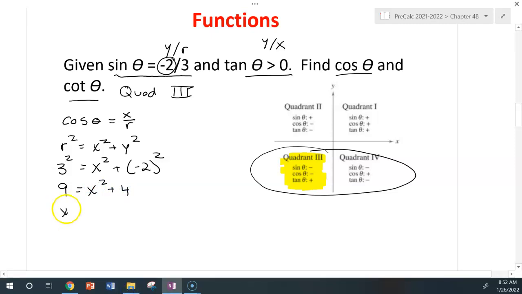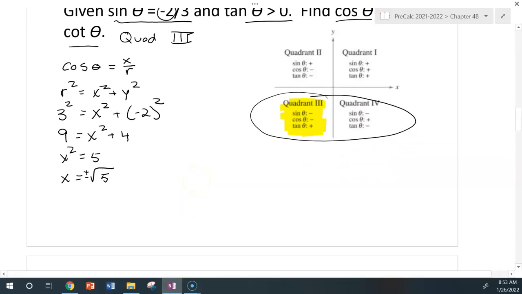That tells me x squared equals 5. So then x is going to be plus or minus the square root of 5. As a rule of thumb, when you take the square root, you take both positive and negative. But I know I need to be in quadrant 3, so I want the negative value. So my x is going to be negative root 5, because that gives me quadrant 3.